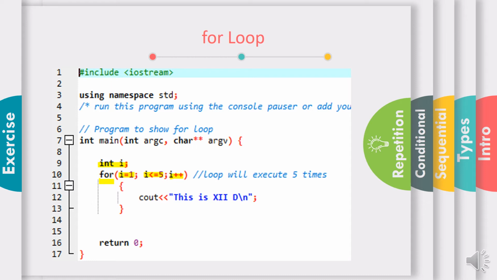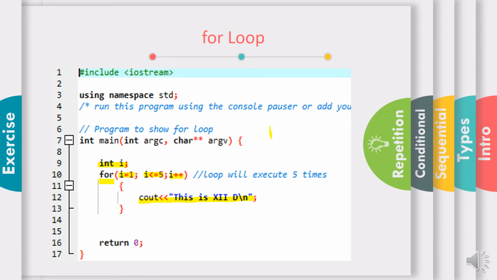First of all, when this loop is executed, the value of i is 1. So, 1 is less than or equal to 5. Yes, the condition is true, so this statement will be executed. Then i++ means the value of i is incremented by 1, so it becomes 2. 2 is less than or equal to 5.